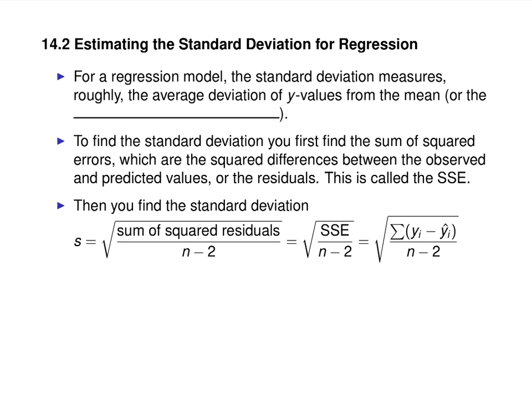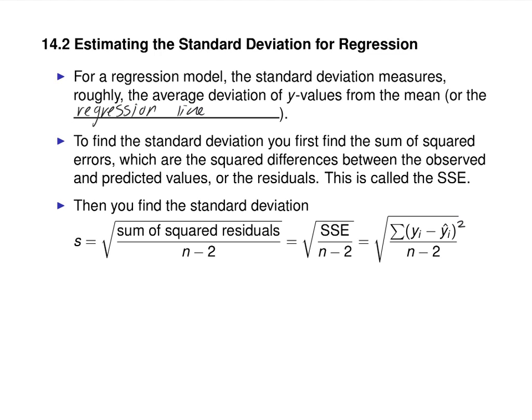Okay. So for a regression model, the standard deviation measures roughly the average distance of y values from the mean, or from that regression line. And finding the standard deviation, here is its big, long formula, and I made a little bit of a typo, which I maybe fixed in your notes. This should be squared. Did I fix that in your notes? I did?